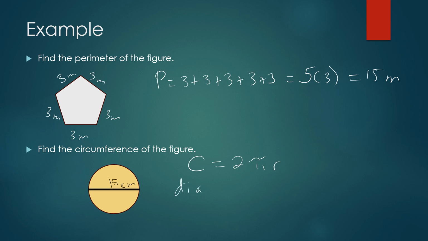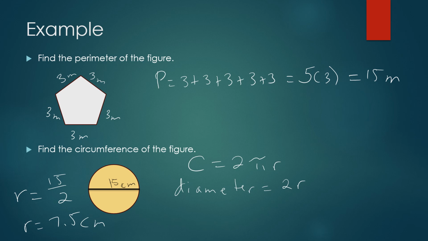So the diameter is always twice the radius. What that tells me is that if I divide the diameter by 2, I would then get my radius. So here, my radius is 15 divided by 2, or r is 7.5 centimeters.